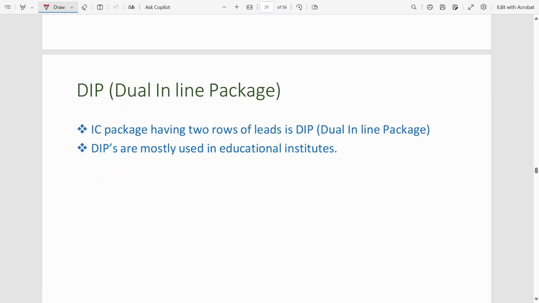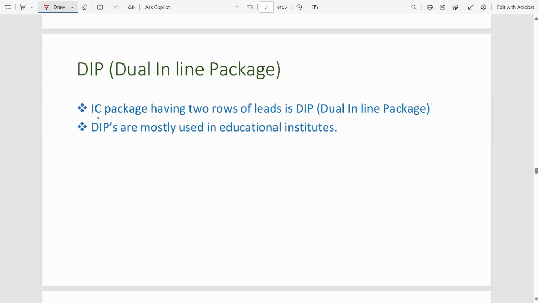The dual inline package is what you use in your engineering college. That means the IC pins are available on two sides, with two rows of leads. DIP is mostly used in educational institutions, like the digital lab where you have seen ICs with pins on two sides.